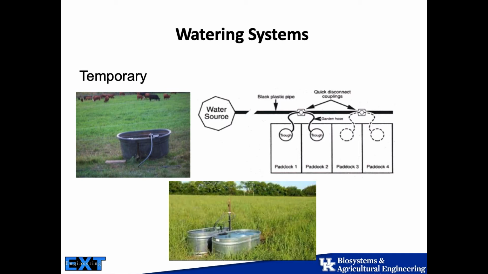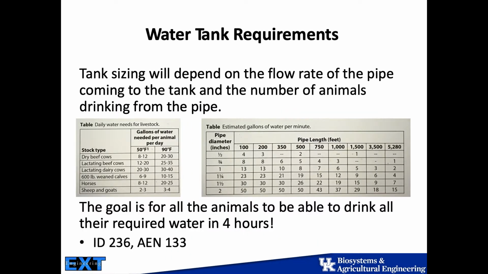The other really important thing I want people to think about with temporary watering systems is, our watering systems ideally are going to let all of our animals drink their necessary amount of water in 4 hours, 2 hours in the morning and 2 hours at night, because that's typical behavior for cattle, is to drink twice a day. And we want all of those animals to drink in those 2-hour periods, because that's what allows the weaker animals to get back out on grass and graze the way they need to.